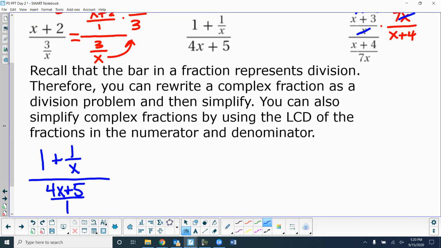So what do I got to do first? Add, right? Well, how do I add 1 plus 1 over x? Make it look like that, right? What's my common denominator?